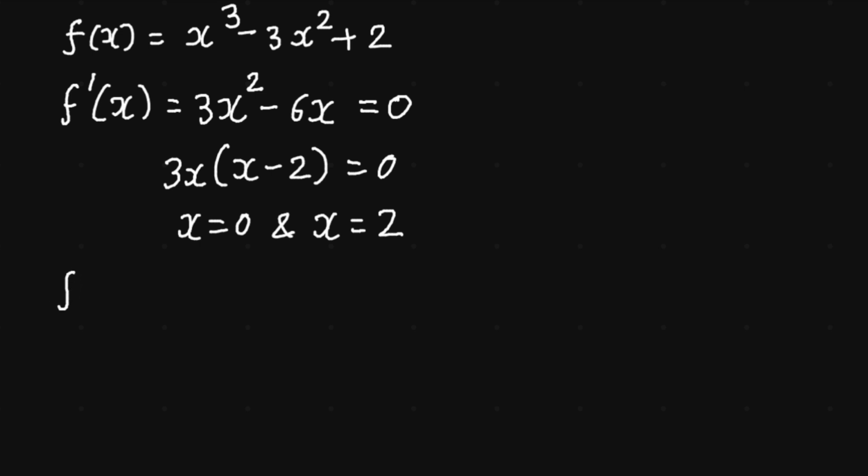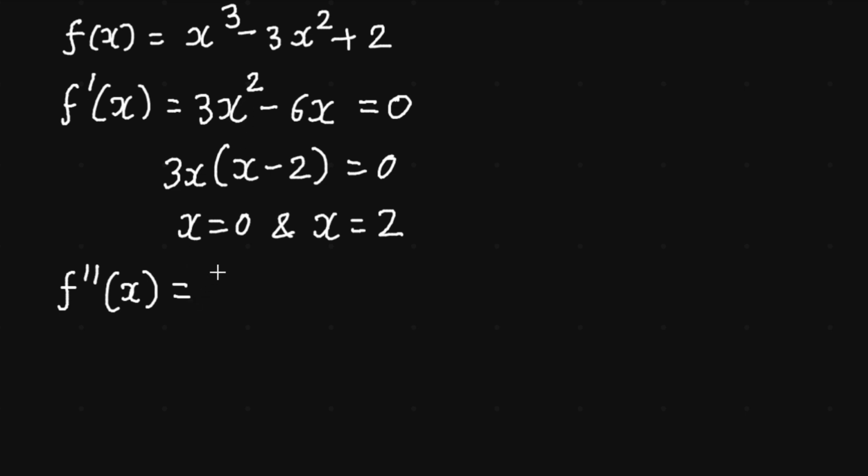To check it, first we need to find the second derivative of function f. So f double prime of x would be equal to, here 3 will stay as it is, and according to the power rule the derivative of x squared would be 2x.